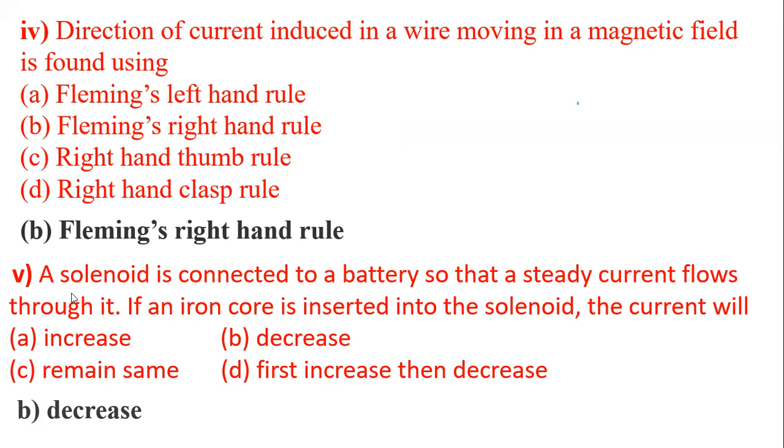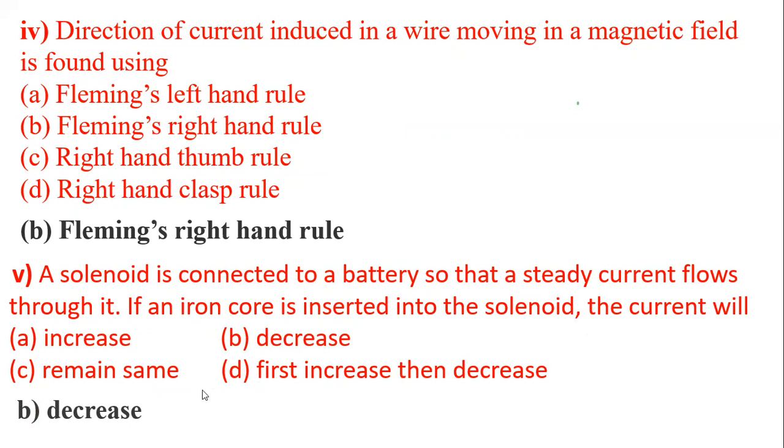Then go to the fifth question. A solenoid is connected to a battery so that a steady current flows through it. If an iron core is inserted into the solenoid, the current will increase, decrease, remain the same, or first increase then decrease.